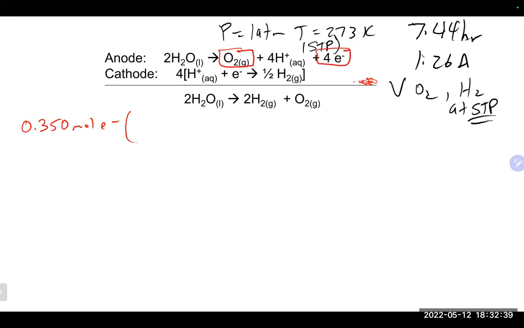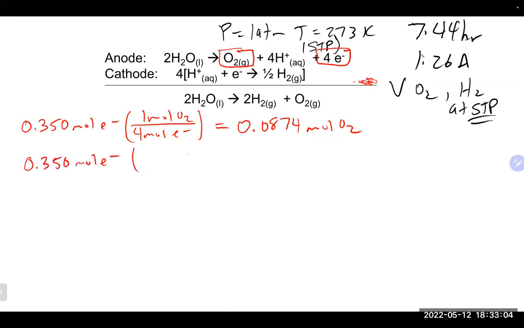So we can do that real quick here. 4 moles of electrons gives us 1 mole of O2. So if we take that and do a little dividing by 4, that gets us 0.0874 moles of oxygen.